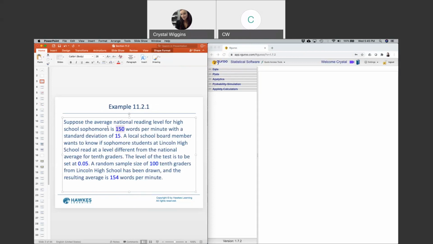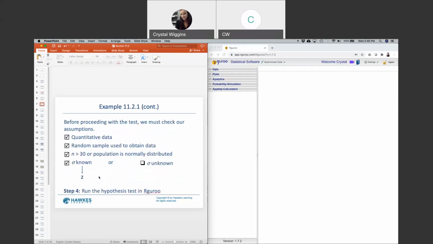And in the same sentence, they say the standard deviation is 15. Now, if we look over here where they talk about the sample, they only give us the mean. Now, if they said the mean is 154 with a standard deviation of, let's say, 12, then that would be S. That would not be sigma, and we would be using a T. But because they did give us the population standard deviation, we're good to go. We can use a Z distribution.